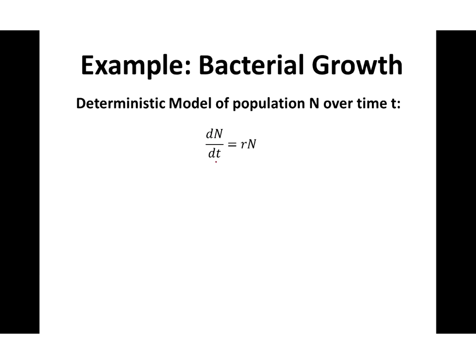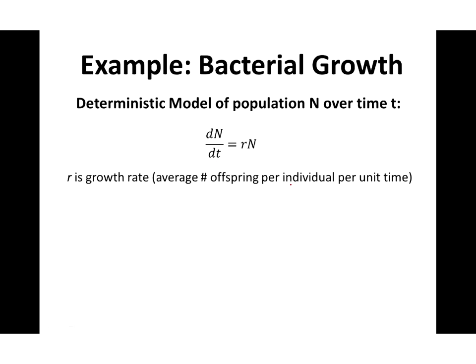And it looked like this one, dN/dt = rN, where you'll remember the lowercase letter r was the growth rate, or the average number of offspring per individual per unit time, and N was the population size. And so this is a deterministic or continuous model of how you would expect population N to depend on time t for some given parameter r that describes the growth rate of the population.